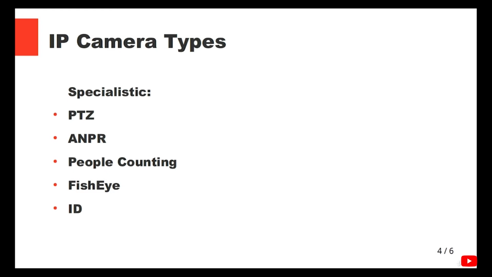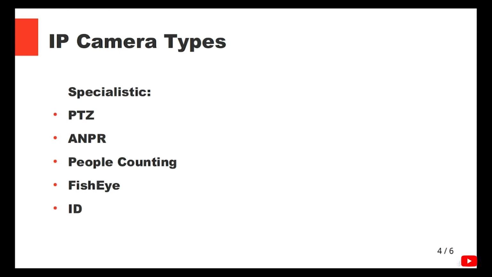Then you have the PTZ, I already mentioned that, which is pan, tilt, zoom, which can move basically in every direction, can spin around, and can zoom in and zoom out. It can also have some other special functions like following people, being triggered by events, alarms, and so on.